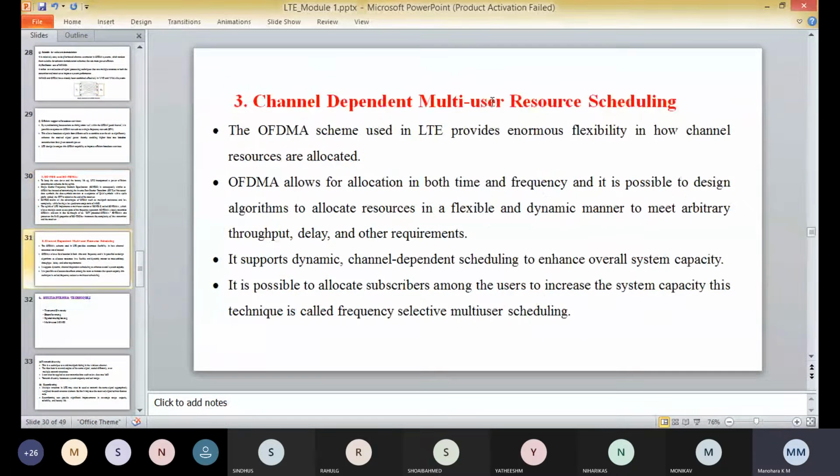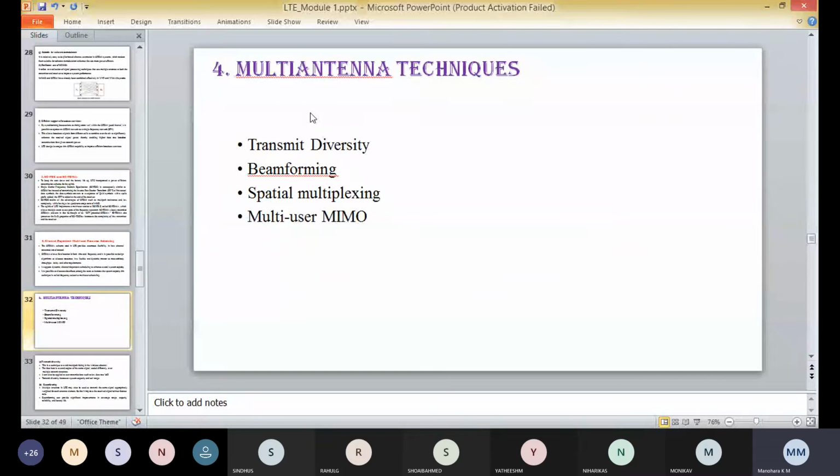Next, we have the multi-antenna techniques. The LTE standard provides extensive support for implementing advanced multiple antenna solutions to improve link robustness, system capacity and spectral efficiency.